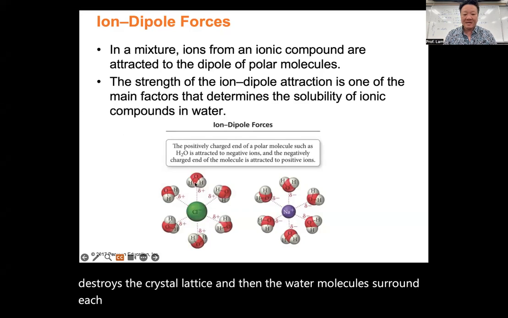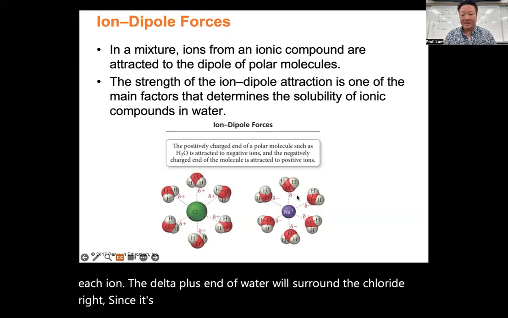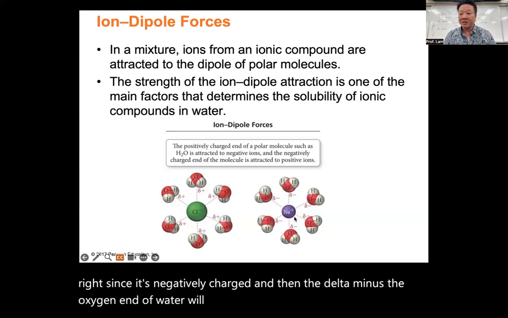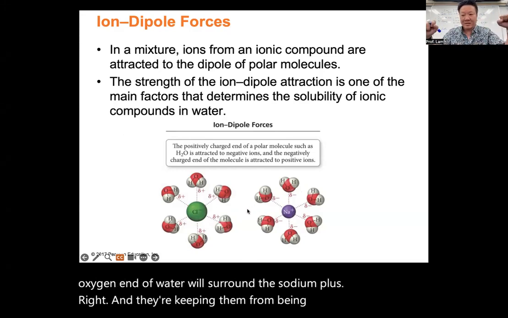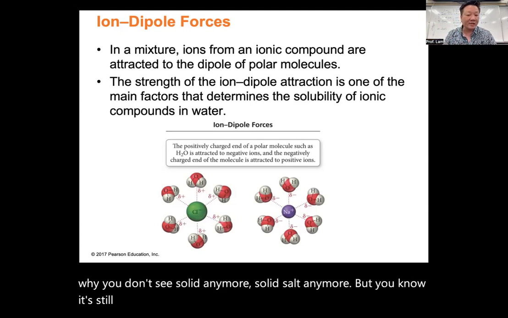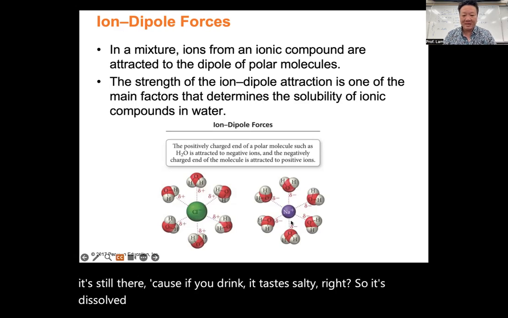The delta plus end of water will surround the chloride, since it's negatively charged. And then the delta minus, the oxygen end of water, will surround the sodium plus. And they're keeping them from being together. And so that's why you don't see solid salt anymore. But you know it's still there because if you drink it, it tastes salty, right? So it's dissolved. That's what we mean when we say that salt is dissolved in water.